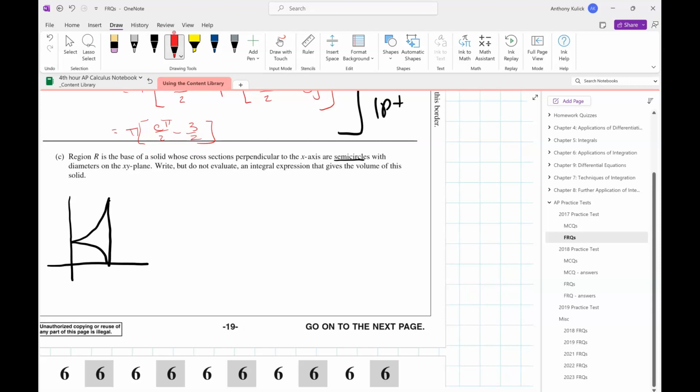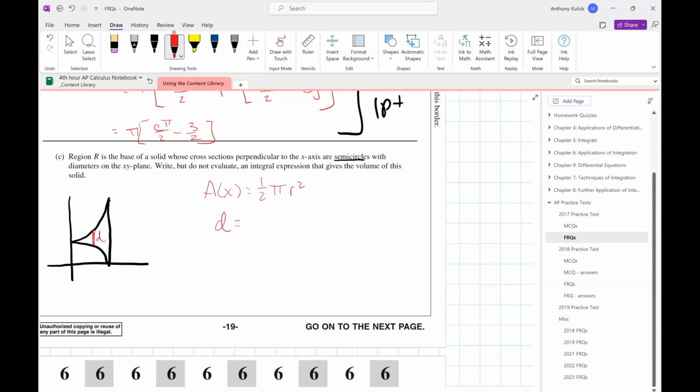All right, so I draw my cross-section perpendicular to the x-axis. Those are my diameters. The area formula for a semicircle is 1/2 pi r squared.